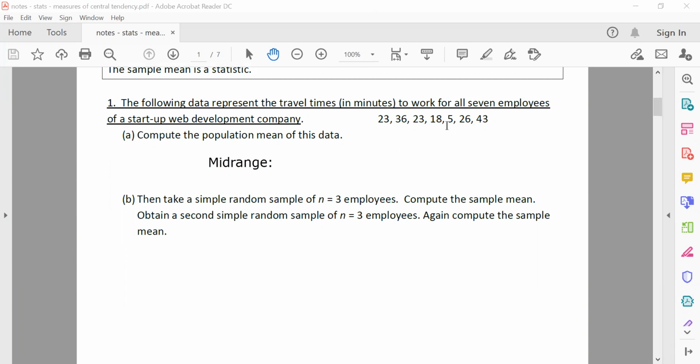You take the smallest number, which in this case is 5, plus the largest value of the data set, which is 43. You take the average of just the 2. So you don't divide by 7, you divide by 2, because you're only averaging 2 values. So 5 plus 43 is 48, divided by 2, gives 24 as the mid-range.